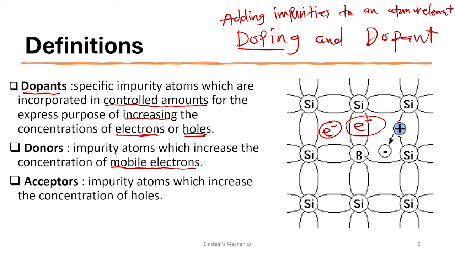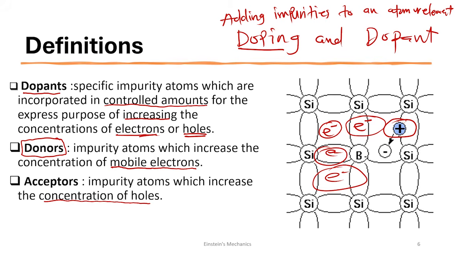So when we want to increase the electron concentration, the dopants become the donors in the structure. And if we also want to increase the concentration of what? Holes, they become what? The acceptors. Very good. So the acceptors refer to the positive charge, and the donors refer to the negative charges. It is very simple.